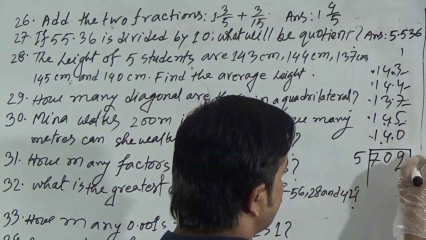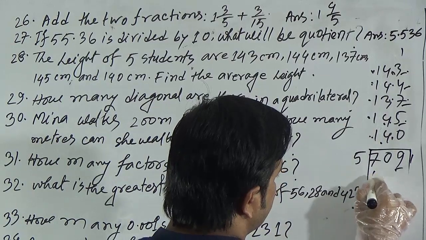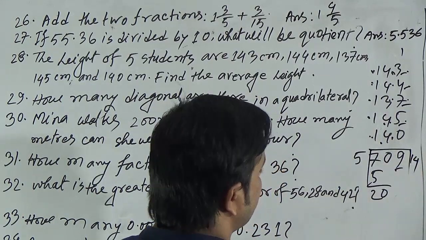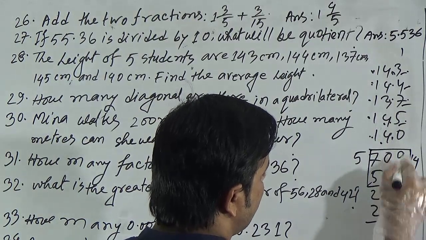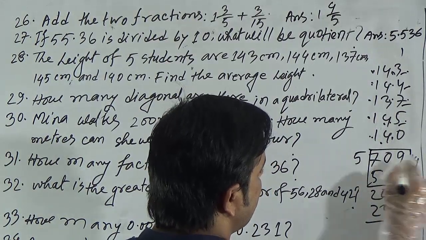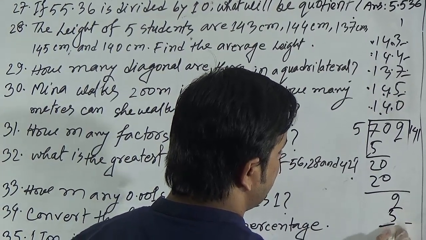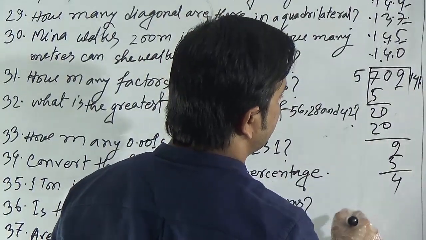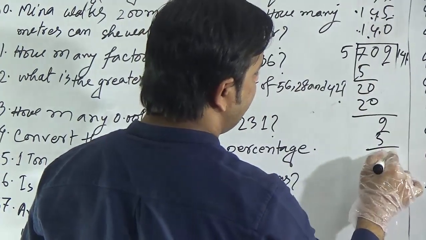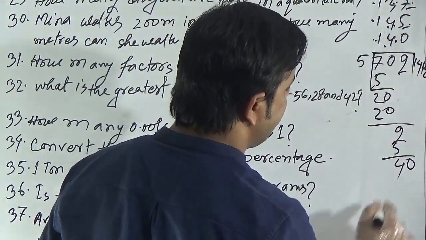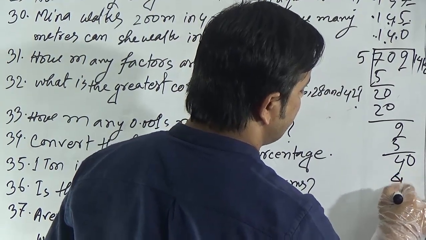If we divide, at first one time, this will be 5, 2 left, 20. Now 4 times, it will be 20. Now we have to take the next digit 9. So we can take one time. If we take one time, this will be 5. Now 4 left. Take the decimal here. Now divide, take 0 here, 40. So we can write here 8. 5 8s are 40.